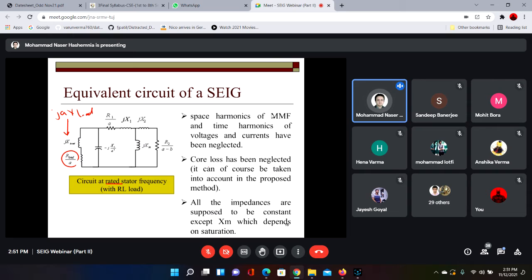Also, we have neglected core loss. In the proposed method, we can simply include the effect of core loss by a parallel resistance to jXM. Of course, that parallel resistance is not a constant. It is a function of voltage and frequency, but there's no problem in the proposed model to include such effects. And all the impedances are supposed to be constant except XM.